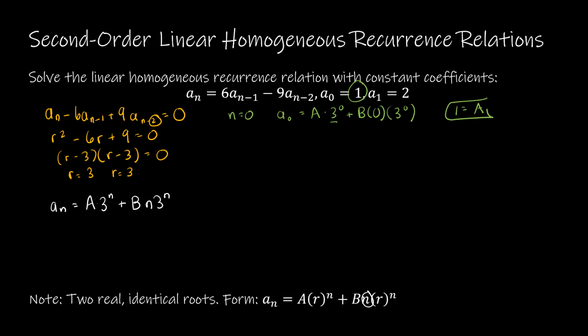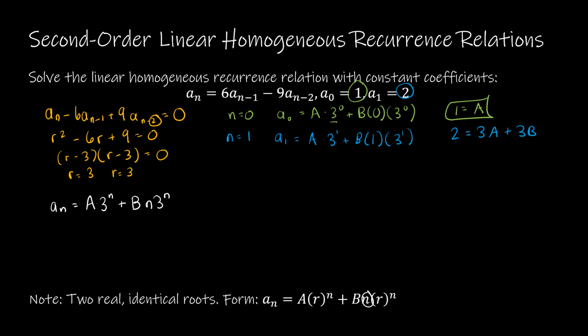So that just gives me 1 is equal to a. So good news, I already have one value. Then I'm going to let n equal 1, so a sub 1 is equal to a times 3 to the first plus b times 1 times 3 to the first. And that's going to give me a sub 1 is 2, so 2 is equal to 3a plus 3b.